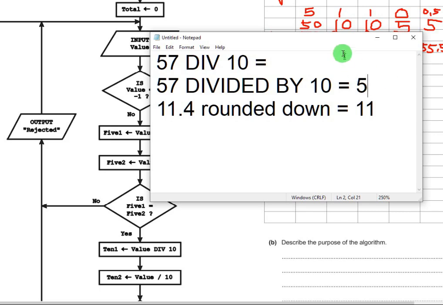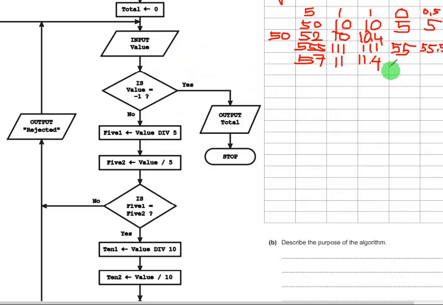Wait a minute. Let's check on this. After 5.5 is rejected. Oh yeah, it's 11.4.